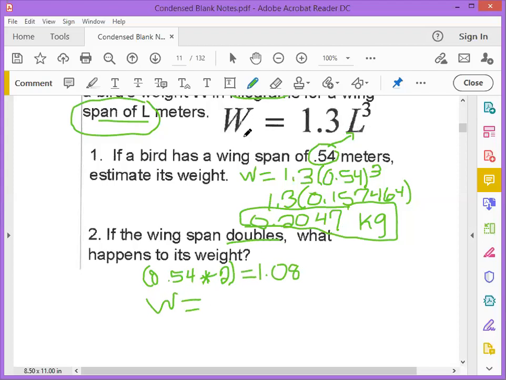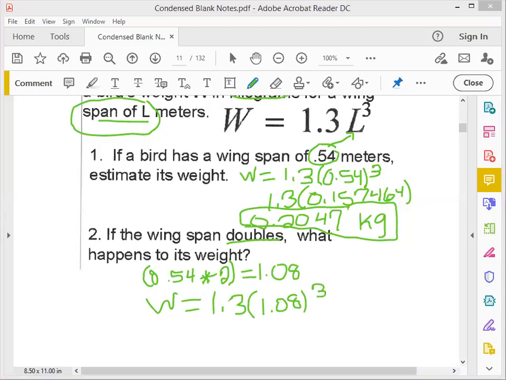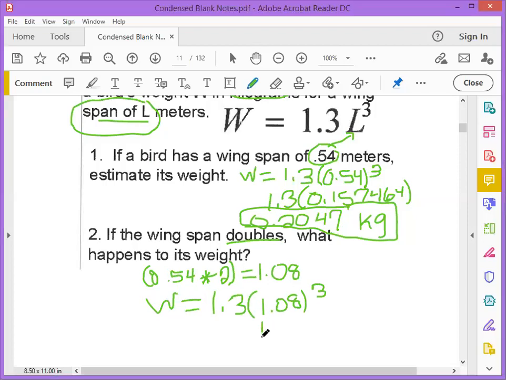So it becomes W equals 1.3 times our wingspan doubled, which is 1.08, raised to the third power. And now we want to raise our 1.08 to the third power, and we'll get 1.259712.